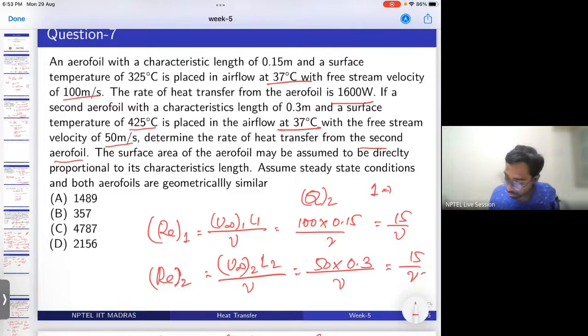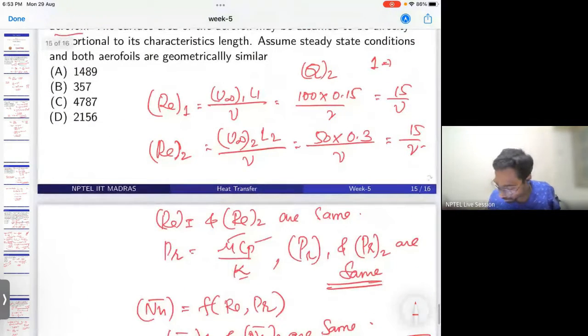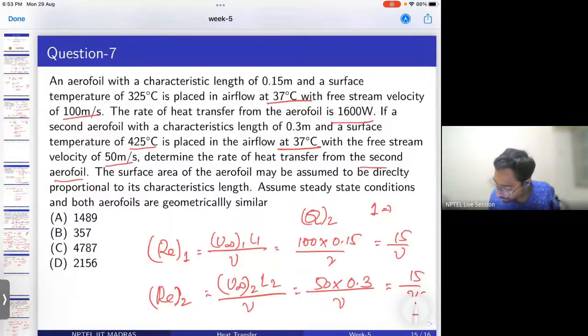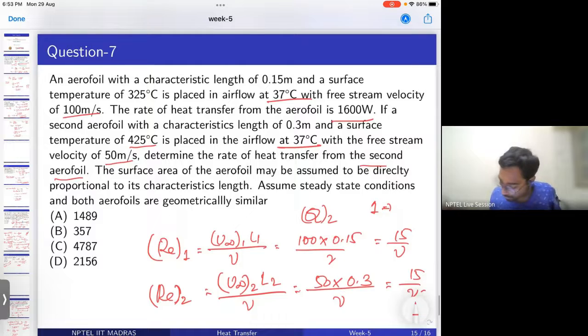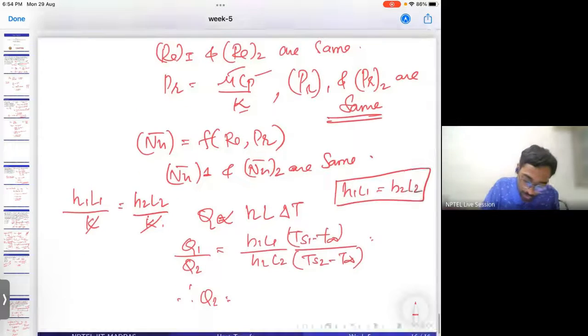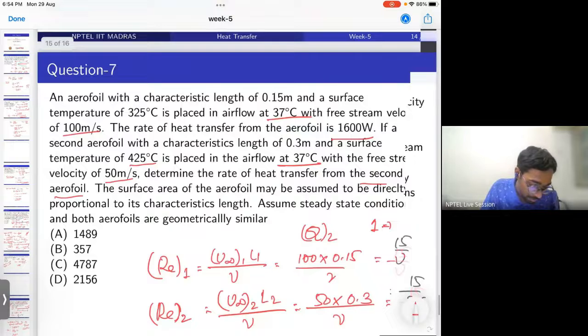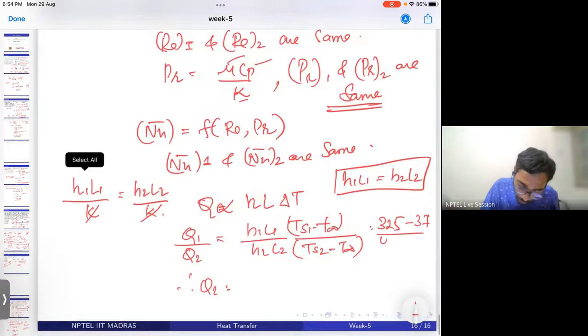So this is 325 minus 37 over 425 minus 37.